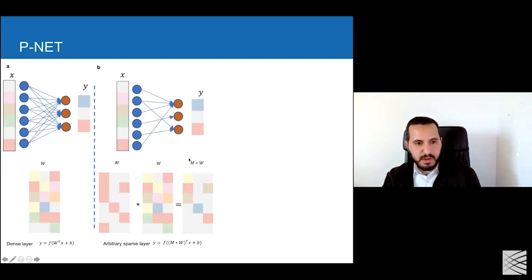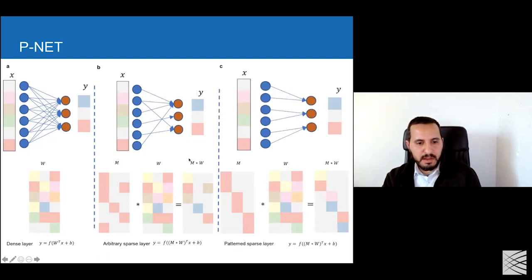And sometimes, for example in the first layer, you have a patterned sparse layer where you have a certain pattern for the mask itself. And this may be used to accelerate the training a little bit. Instead of multiplying this matrix by the input, you can do some clever tricks here to accelerate the processing itself.